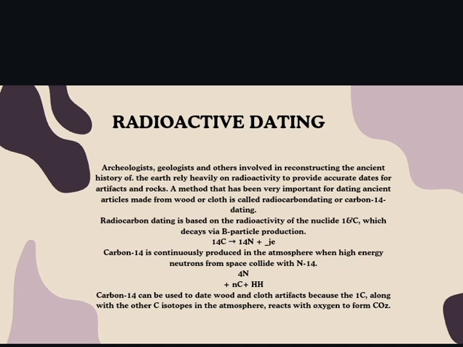Radiocarbon dating is based on the radioactivity of the nuclide carbon-14, which decays via beta particle production. Carbon-14 decays to nitrogen-14 and a beta particle. Carbon-14 is continuously produced in the atmosphere when high-energy neutrons from space collide with nitrogen-14, giving carbon-14 plus hydrogen.